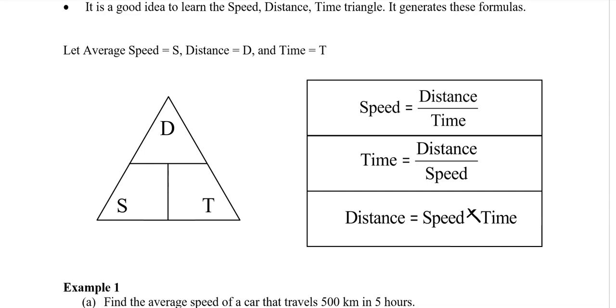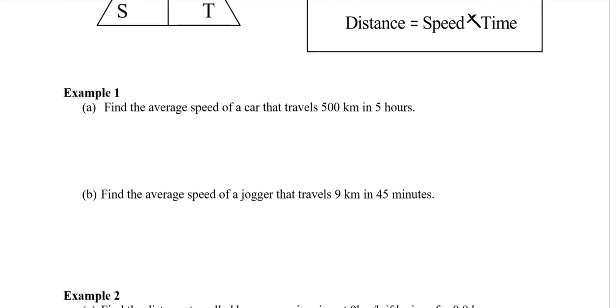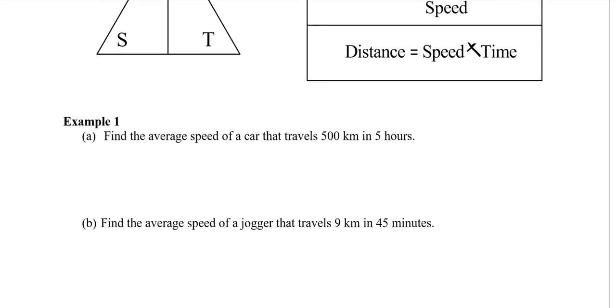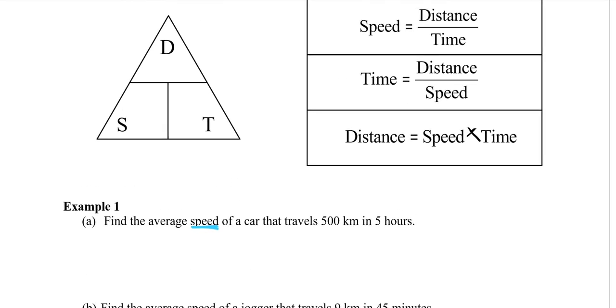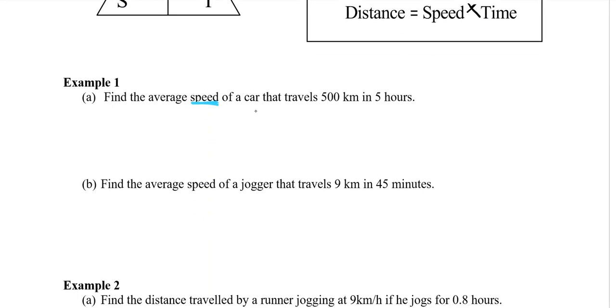So question 1, we want to find the average speed of a car that is traveling 500 kilometers in 5 hours. So speed, I want to find the speed. The formula for speed, if I cover the S, is distance over time. So I'm going to write that here.